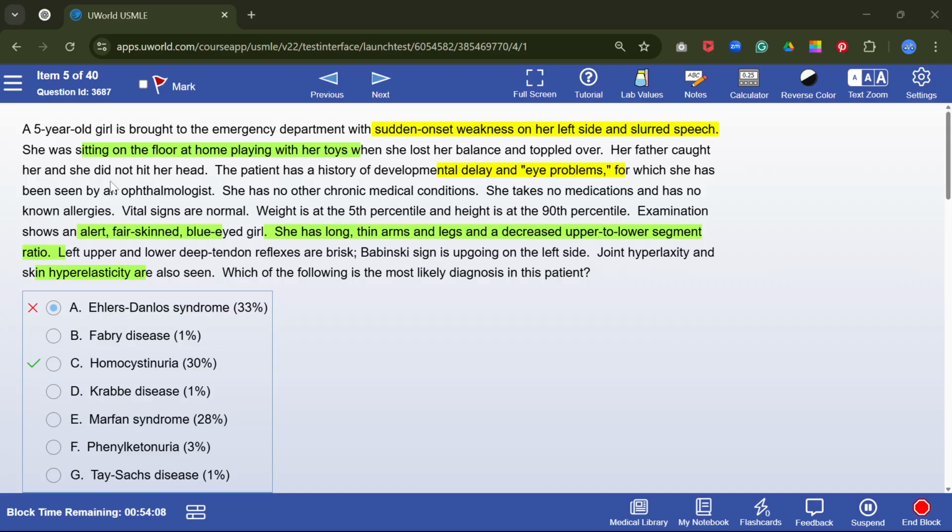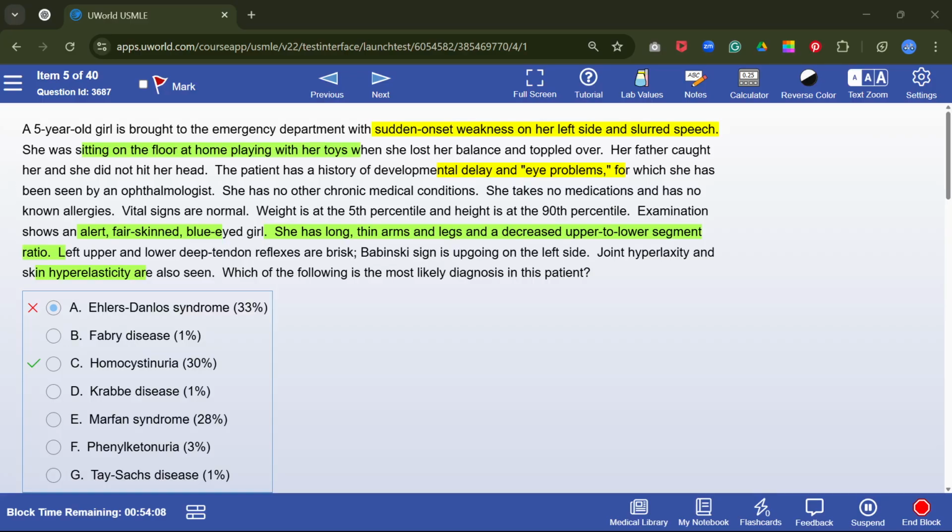If we look at this stem, this 5-year-old girl has sudden onset weakness on her left side and slurred speech. This is a feature of thrombosis.